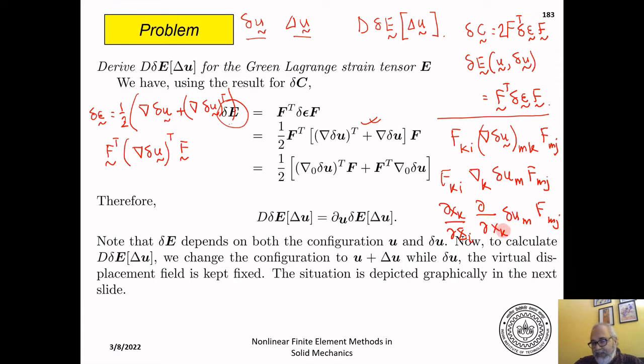So ∂x_k and ∂x_k here will boil down to ∂X_i. So what you have now is ∂/∂X_i of δu_m, times F_mj. And if you now convert this to the vector notation, this is the material derivative of δu, and because this m comes here, this is the transpose of it times F.